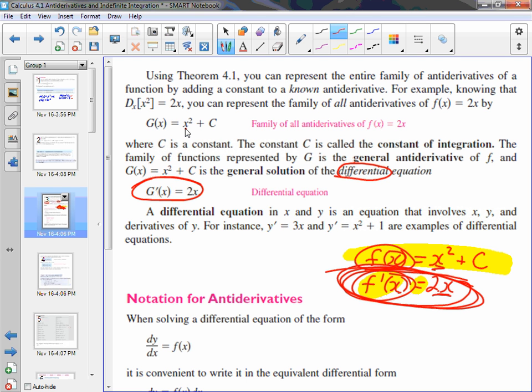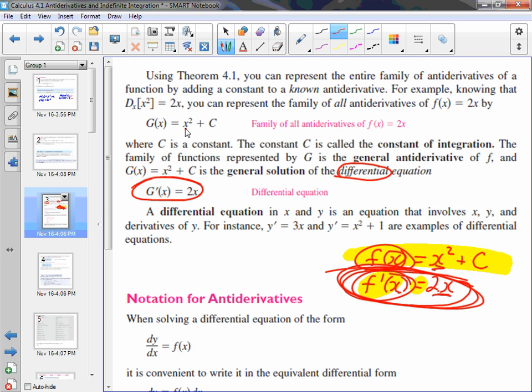You can make it any way you want, okay? But the standard way of doing things, capital letters represent antiderivatives. When you see a prime, it's a derivative, which means lowercase letters can be either one.